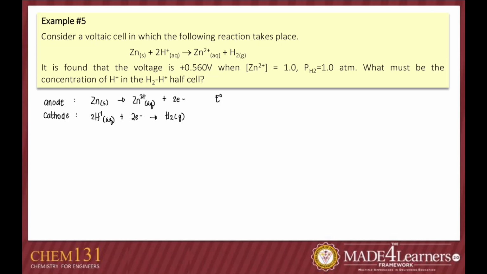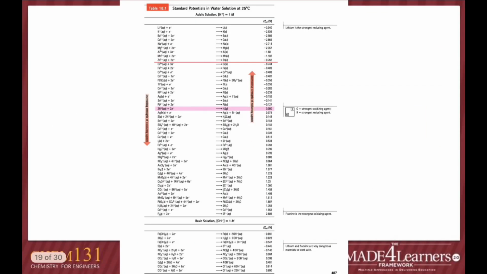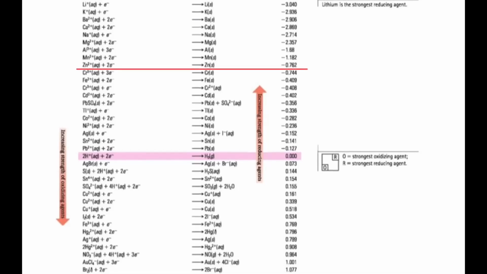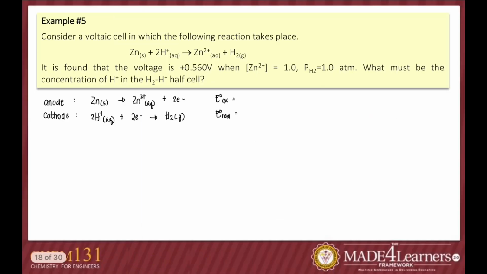So the standard oxidation and standard reduction potentials, we're going to look for in the table. For zinc, that's negative 0.762 for the reduction, but we're going to reverse this because it undergoes oxidation. And for hydrogen, whether it undergoes oxidation or reduction, it's always 0 because that's the reference reduction potential.